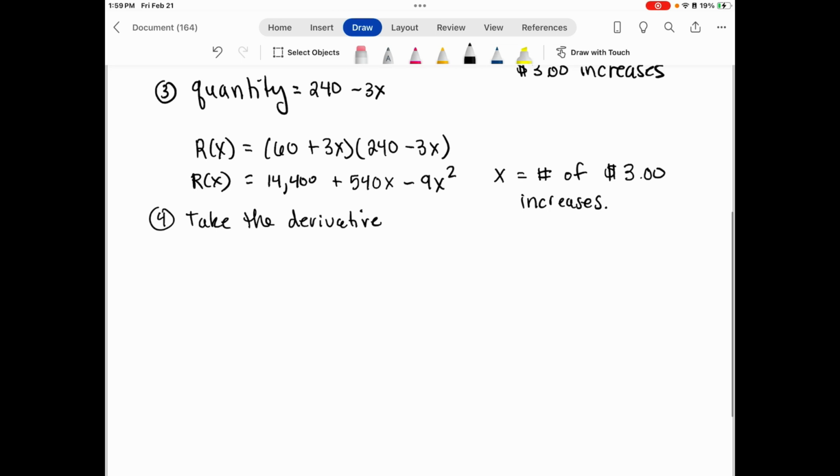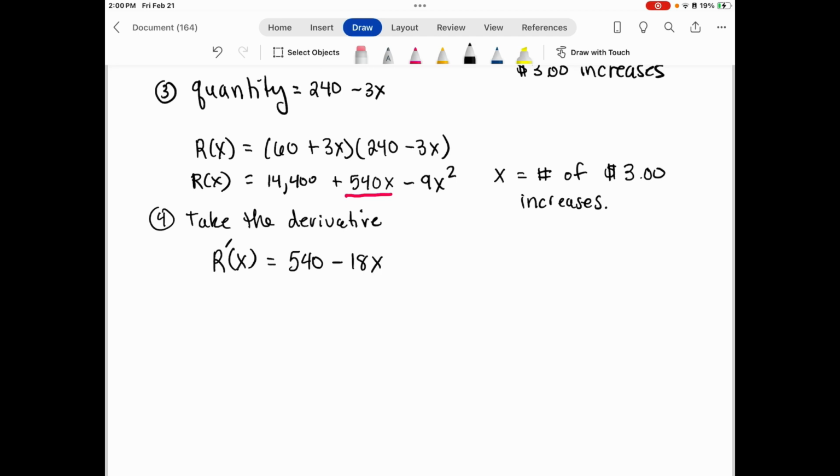All right, so the 14,400 disappears because it's a constant. The derivative of a constant is 0. When I take the derivative of 540x, I get 540. And then when I take the derivative of minus 9x squared, that's going to give me a negative 18x.